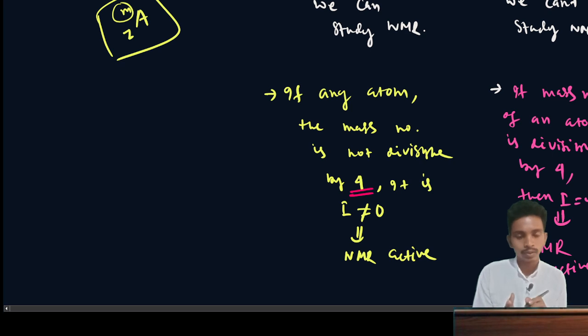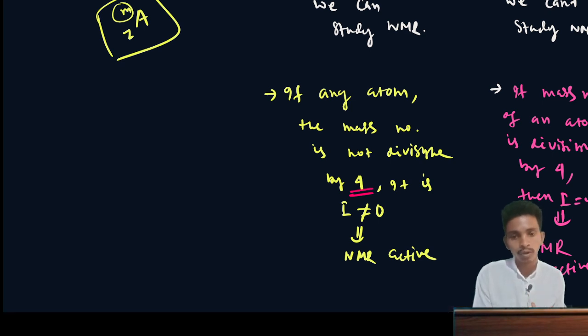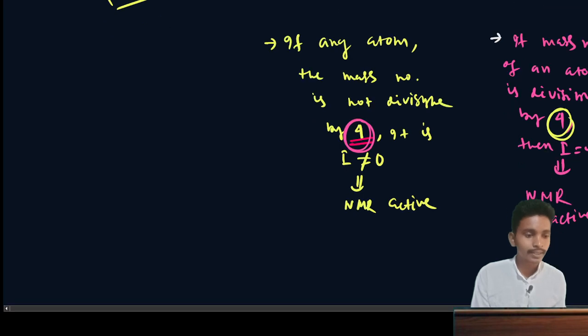We just divide the atom's mass number by 4. Always divide by 4. If it is divisible by 4, then it is inactive, and if it is not divisible by 4, then it is active. Let's look at examples.